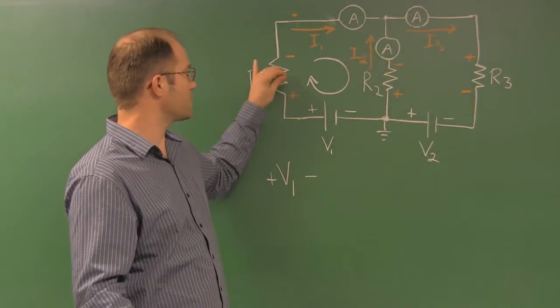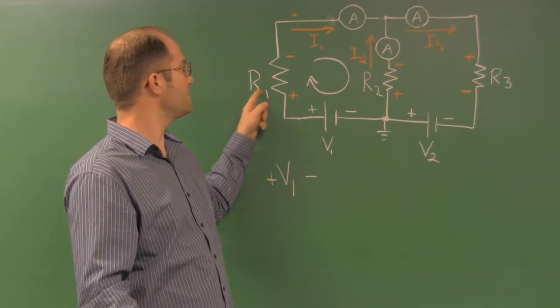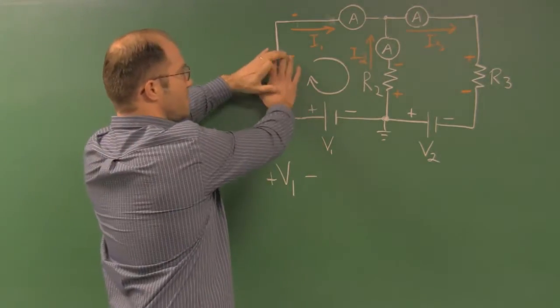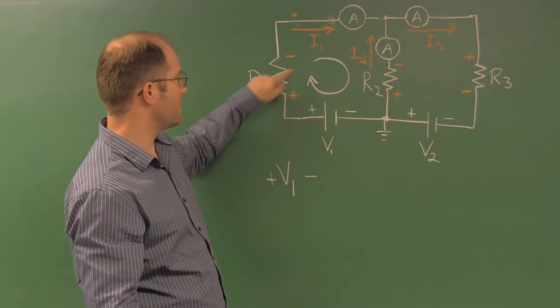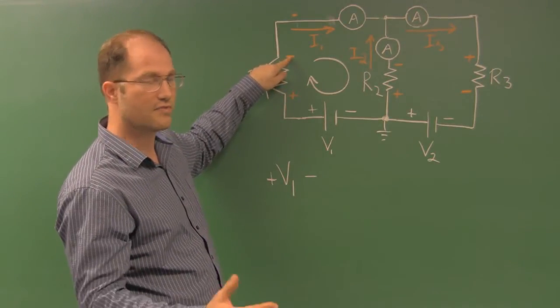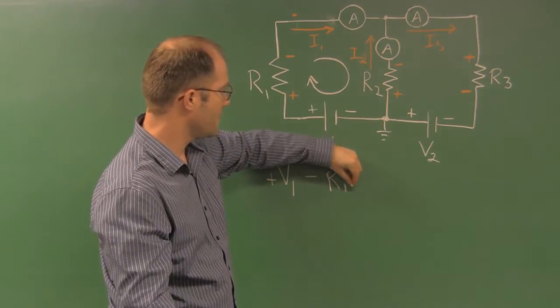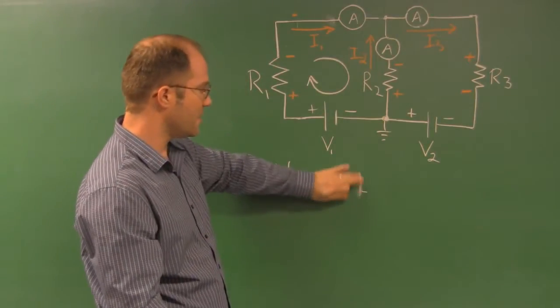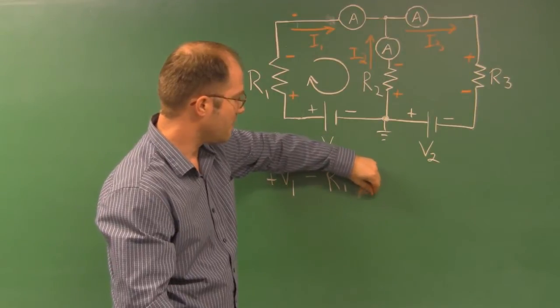So here my voltage across this resistor is R1, the value of the resistor, times I1, the value of the current. I use my minus sign because it's a voltage drop. And so I'll say minus R1 times I1. And this I1, of course, is an unknown value, so I'm going to use orange for now. I1.